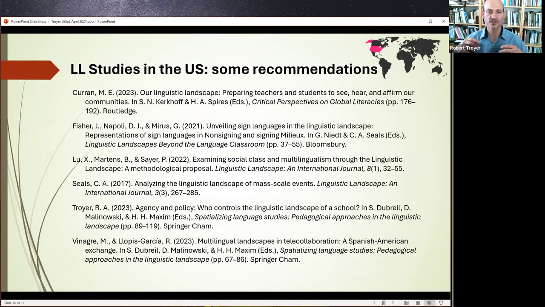The students in New York went out and documented Spanish in New York, and they took pictures and sent them to the students in Madrid. The students in Madrid who are studying English documented English in Madrid and sent those to the students in New York. And they had this wonderful collaboration between two groups of university students. I think this is a very creative use of linguistic landscapes for language teaching and cross-cultural communication and collaboration.